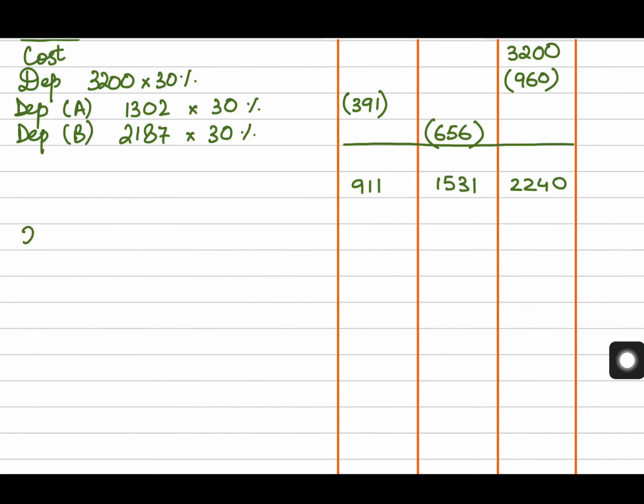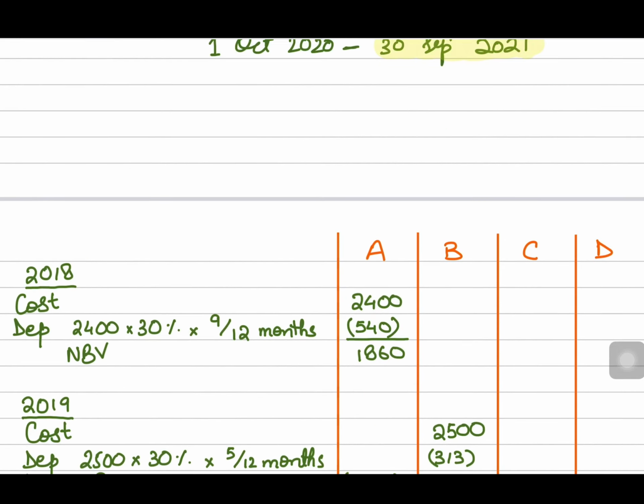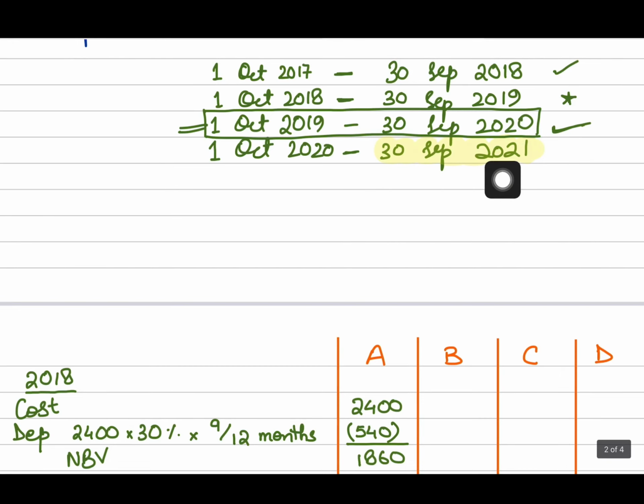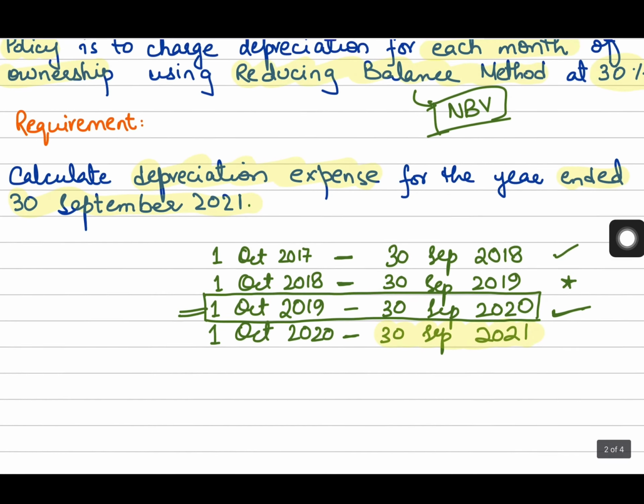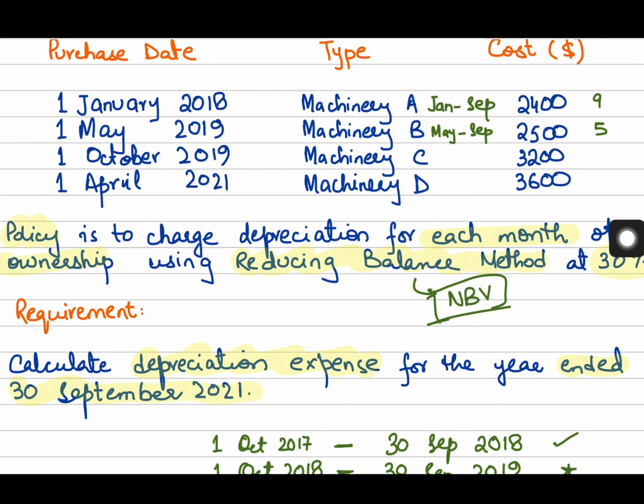Right. Now let's move to the next year, that would be year 2021. This means the year ended 30th September 2021. So are we purchasing any new asset in this year? Yes, we are, on 1st of April 2021. So this means that it is present in the business from April till September 2021, right?